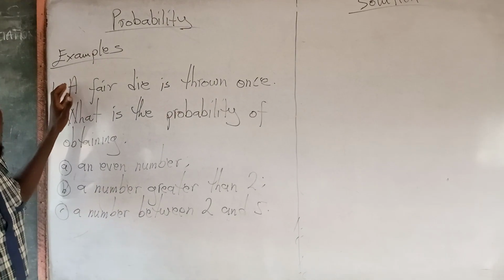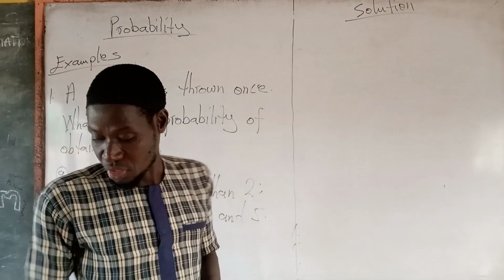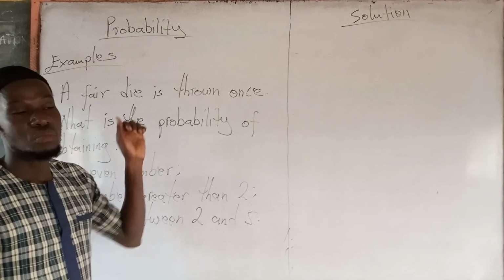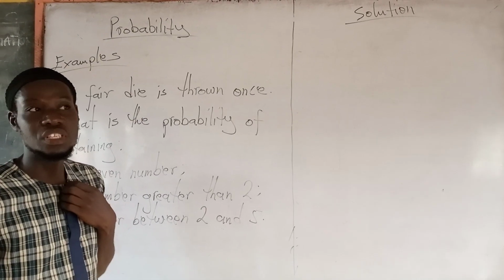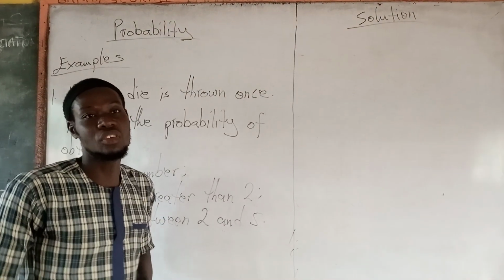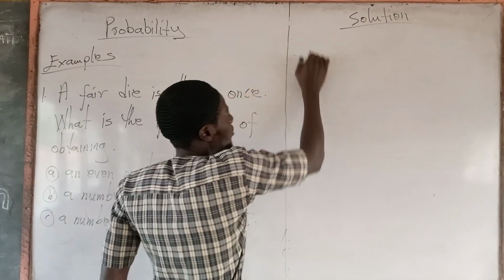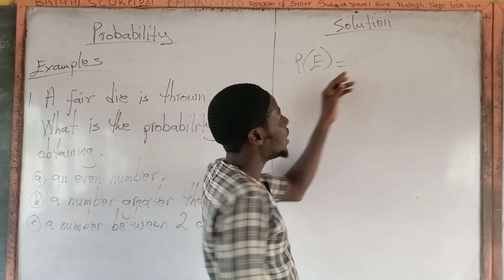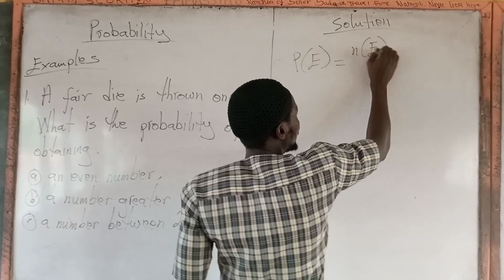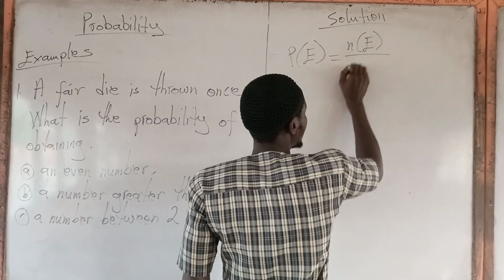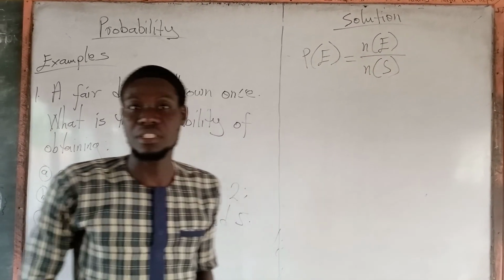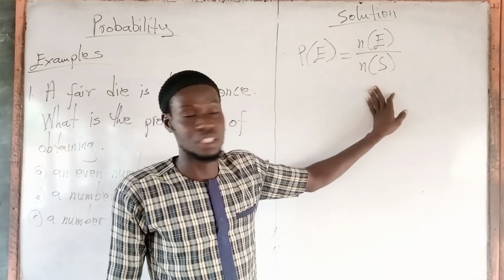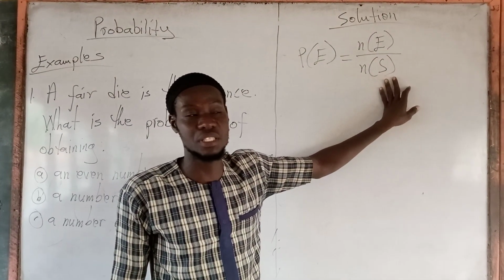Starting with this example 1, as you know, in our previous section we discussed some key terms under probability, including the probability itself, where we said that the probability of an event E is the number of sample points in the event divided by the number of sample points in the sample space. That is the number of elements in the event divided by the total number of elements in the sample space. Good.